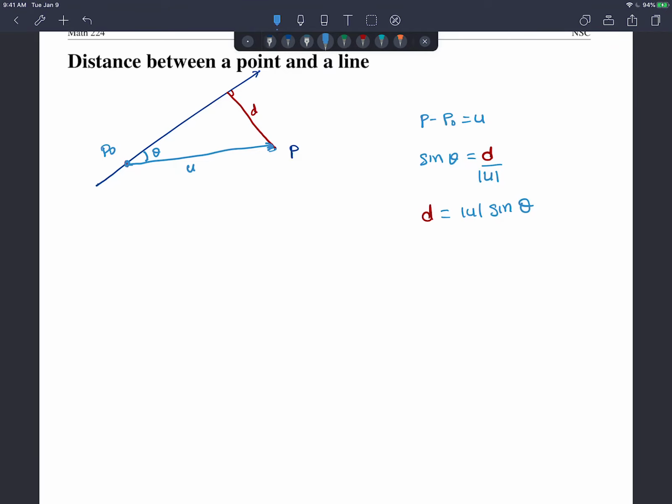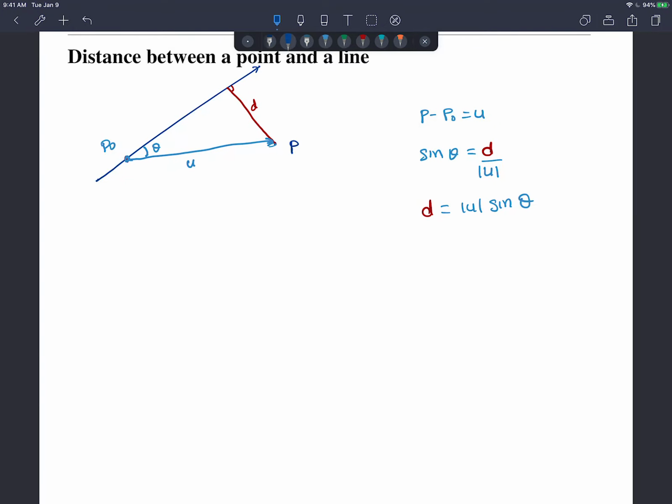Well, if you remember, the cross product gives you a vector, and its magnitude is the magnitude of U, magnitude of V, sine of the angle between them. And that's what I have here. I have the magnitude of U and the sine of the angle theta.